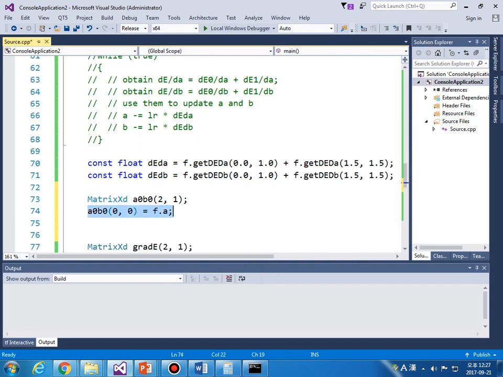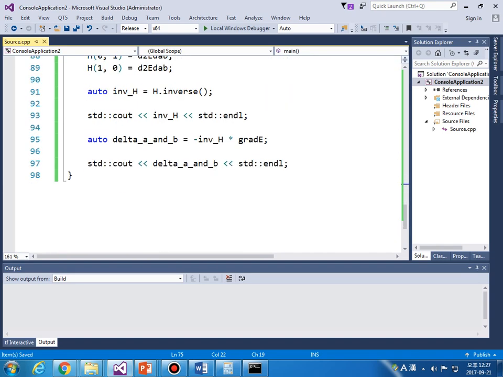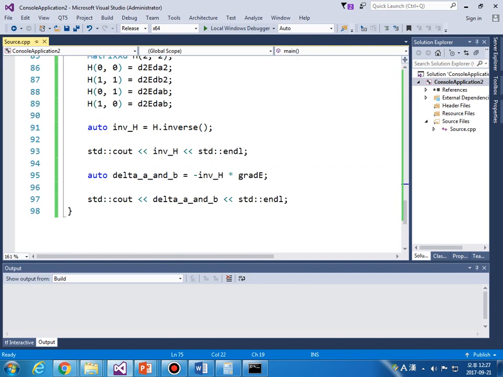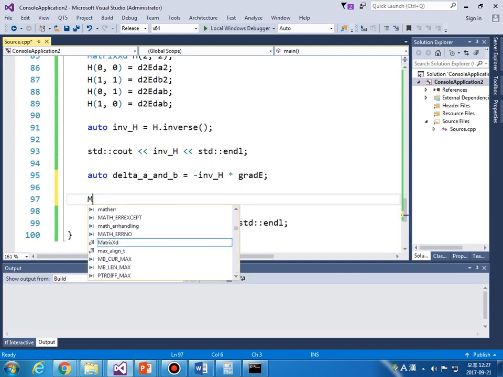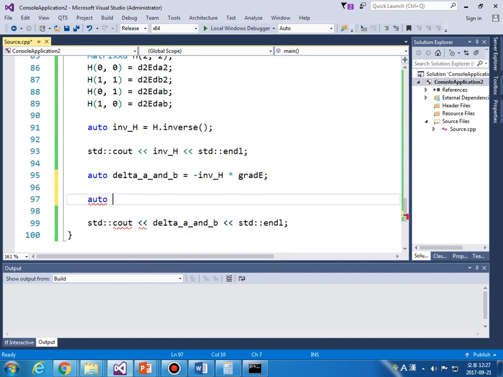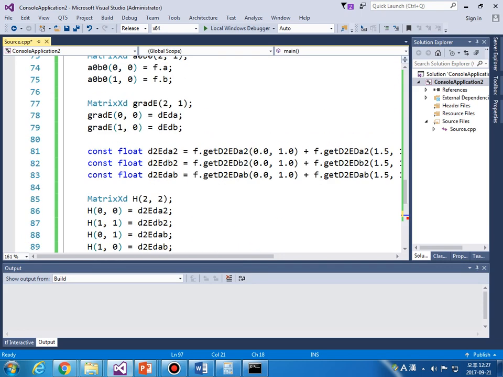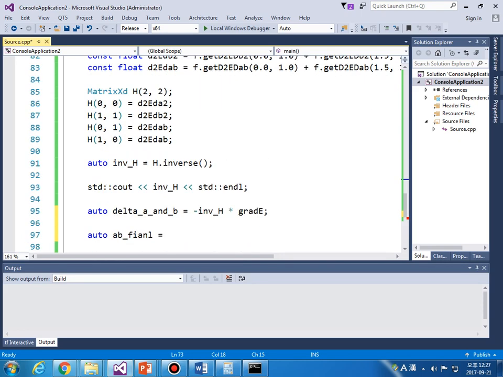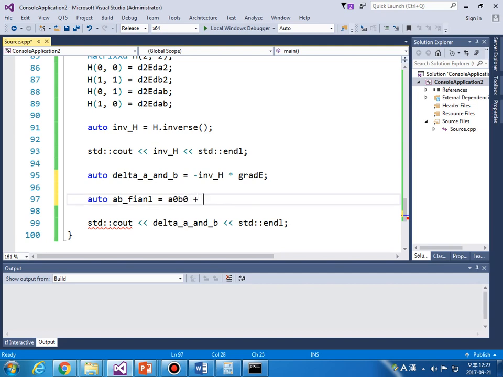This is the initial condition. Row B, and we have delta A and B. So auto AB final is A0 B0 plus delta A and B final. Okay.